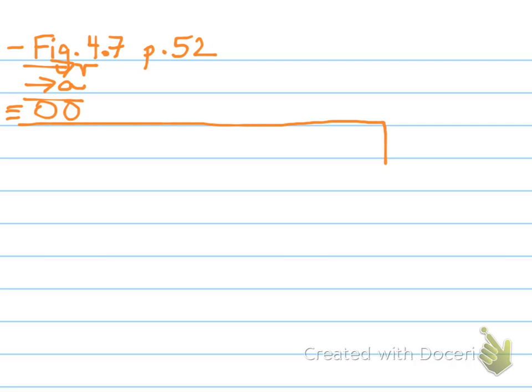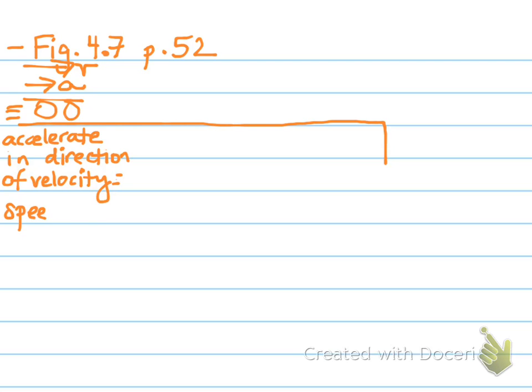And in this case, you accelerate in the direction of your velocity, right? Because they're both pointing the same way. So that means that this car is speeding up. Next, we have a car.